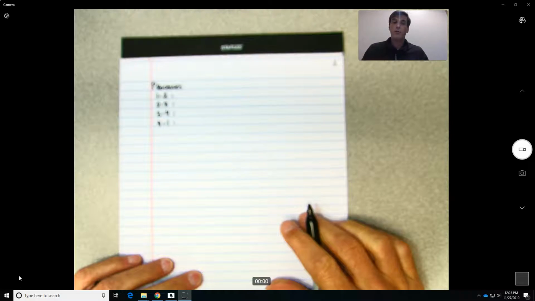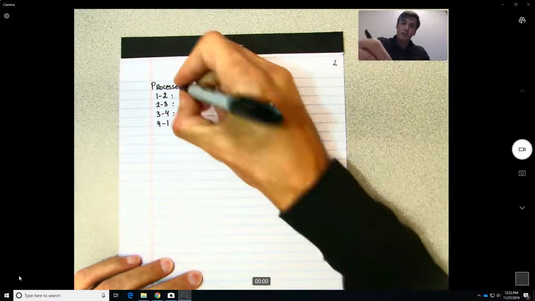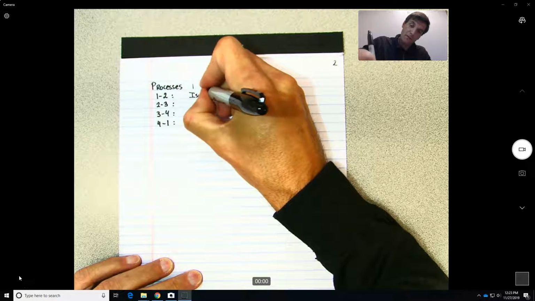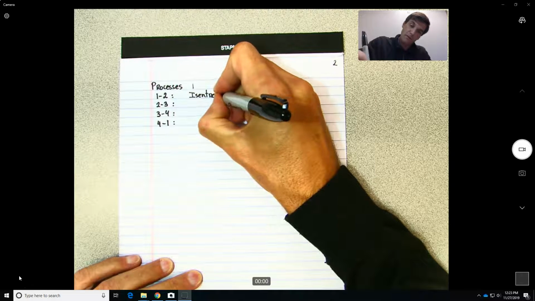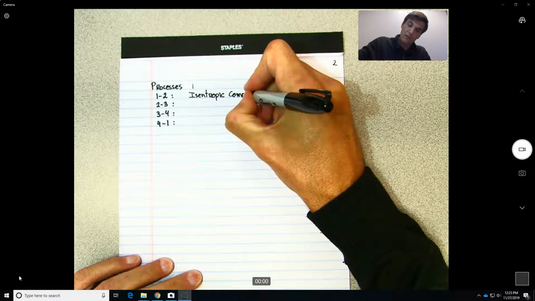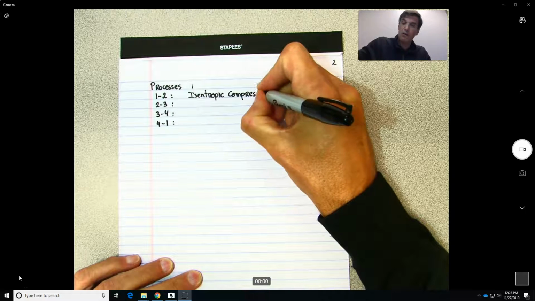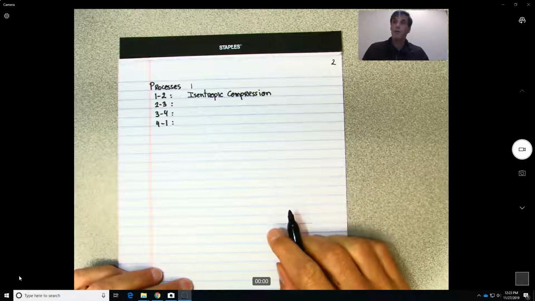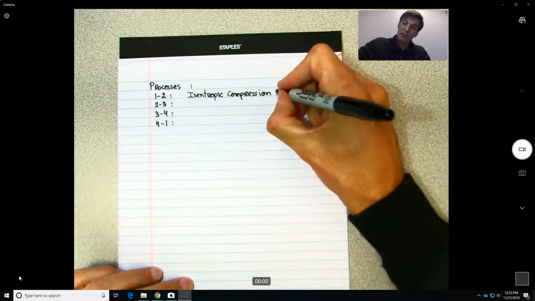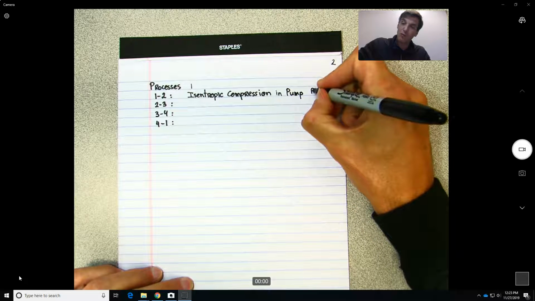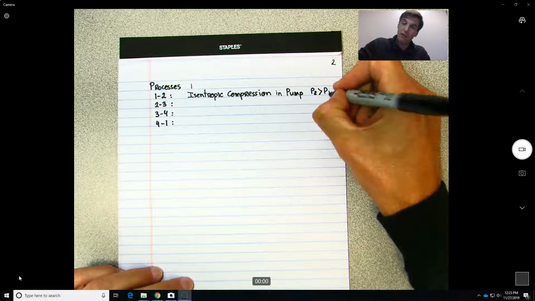So what happens in process 1-2 is an isentropic compression. It's a very small one, but it's still an isentropic compression. You assume the ideal pump, and you're going to compress a little bit the fluid to a higher pressure. So basically, P2 is just a little bit higher than P1.